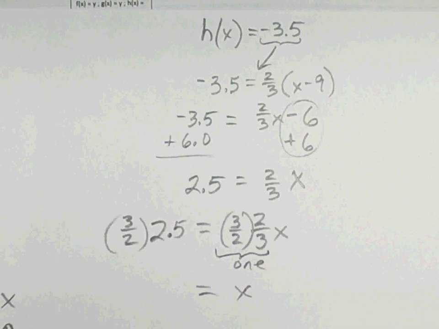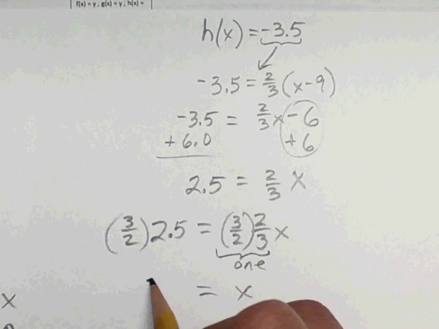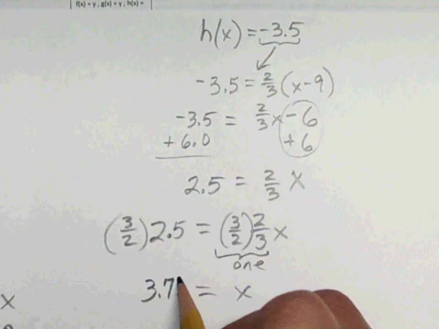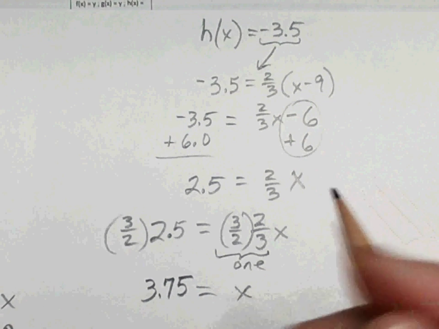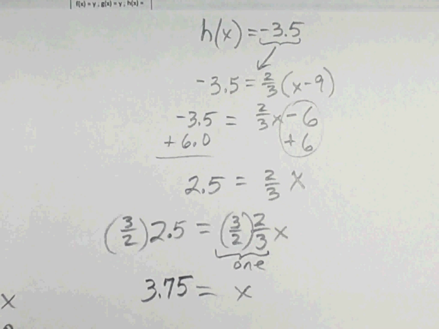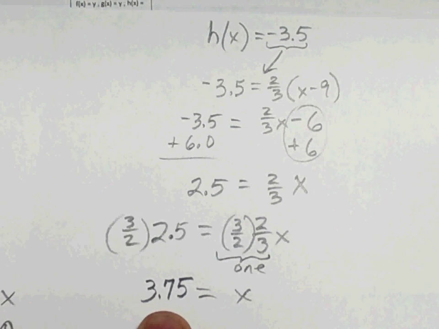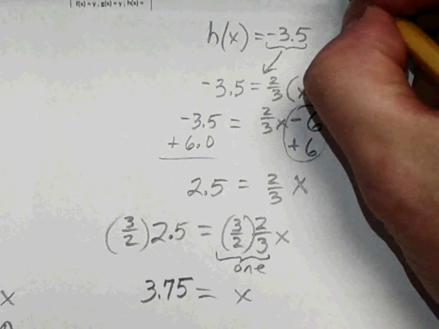So I can go here and pick up my calculator, and I can do 3 divided by 2 times 2.5. And that's going to give me 3.75. So let me say that x is 3.75. If you want to check that, here's what you do.